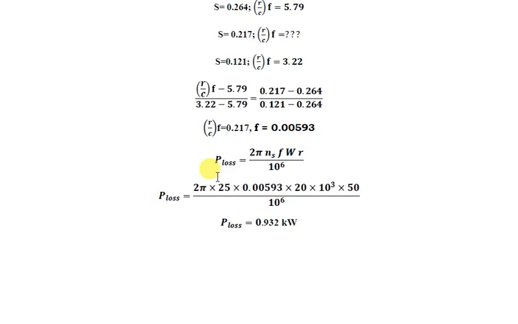So power loss is equal to 2 pi into 25 ns, and the RPS is there. Then F, what we calculated, is 0.00539 into 20 into 10 raised to 3 Newton, and R is equal to 100 upon 2, means 50 mm, and correspondingly power loss can be calculated.